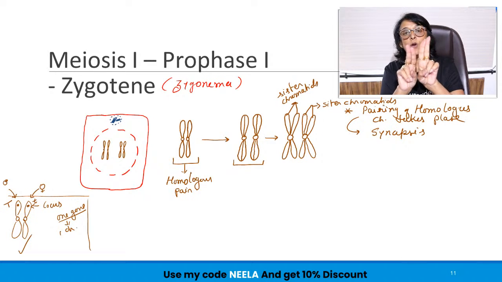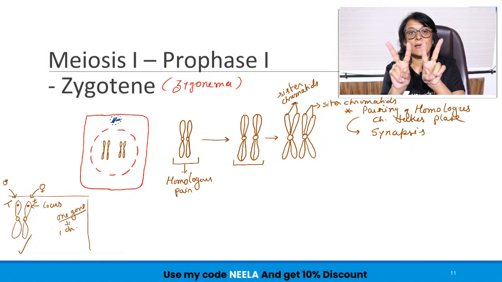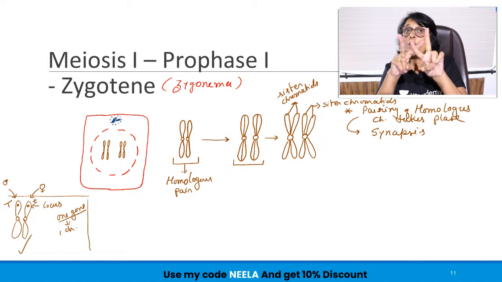Now the arm of one chromosome splits, the arm of the other chromosome splits. These two are called sister chromatids and these two are also called sister chromatids. Now when crossing over takes place, one sister chromatid here and one there, they cross. So if they cross, then there will be exchange of genetic material.